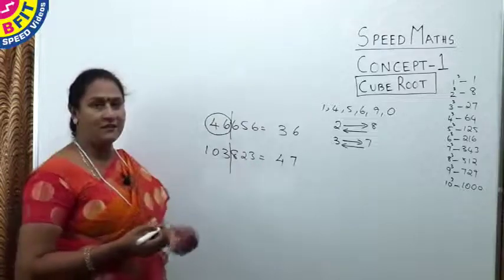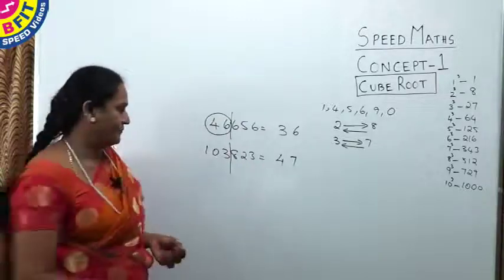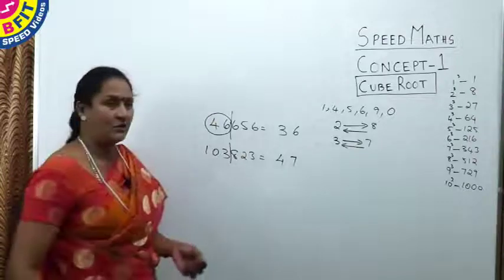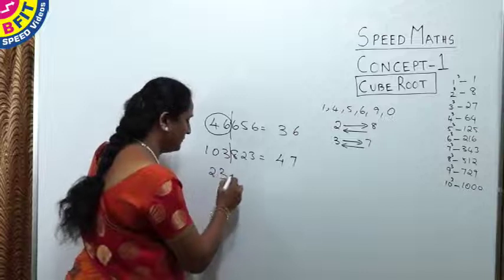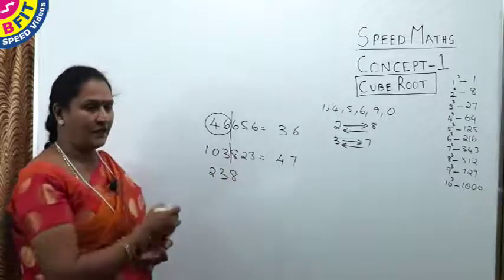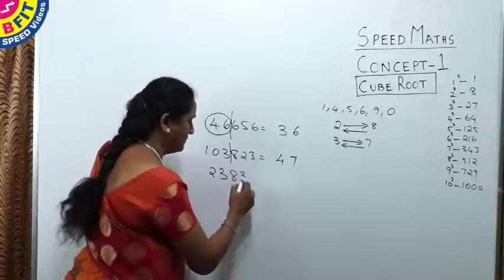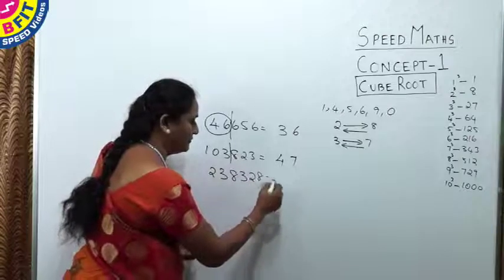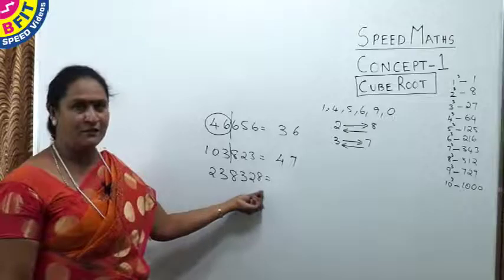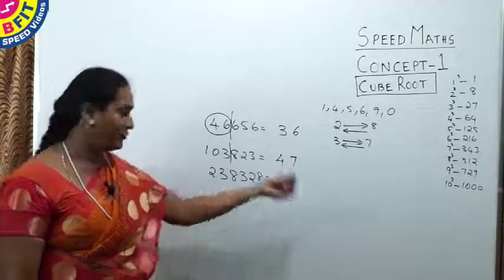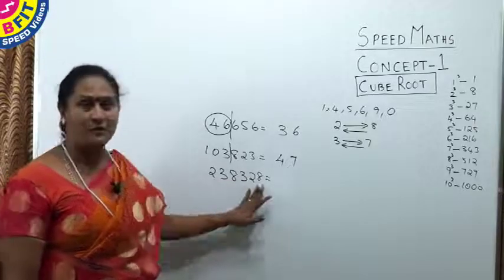Now we will see the third number. What is the third number? 238328. Now you have 8 in the units place. What will be the units place of the cube root? 8 means it will be 2.